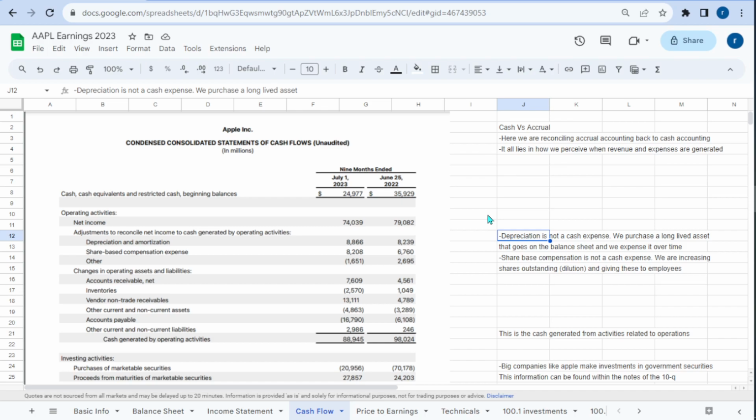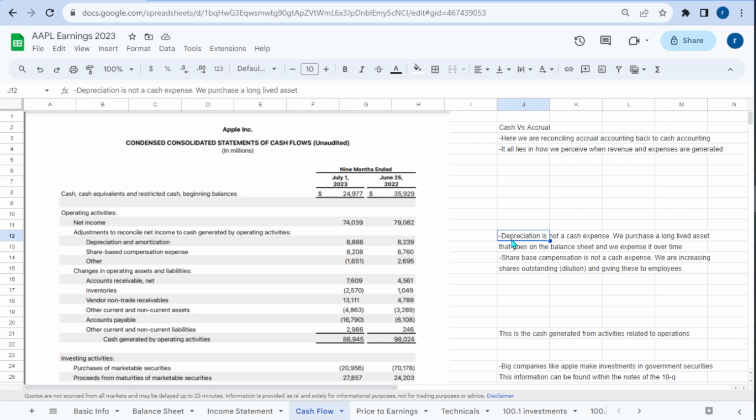So you would take that amount and expense it over that amount of time. That essentially lowers your income, which gives you tax benefits. That is essentially depreciation. We already spent the money, but now we're expensing it. So from a cash standpoint, there's actually no cash going out. So we add that back in.